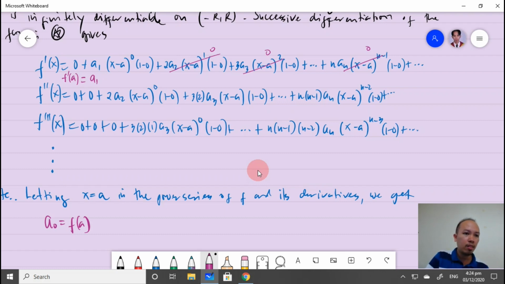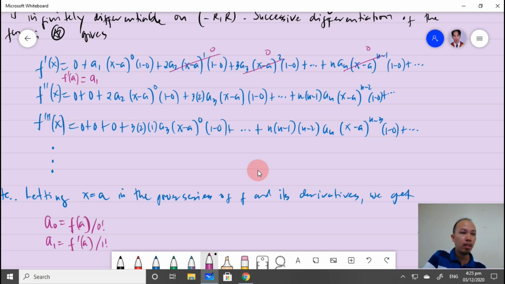So from here we have a sub 1 is equal to f prime of a. And as you have noticed, this is over 1 factorial, and we can write a sub n over 0 factorial. We can see that later.